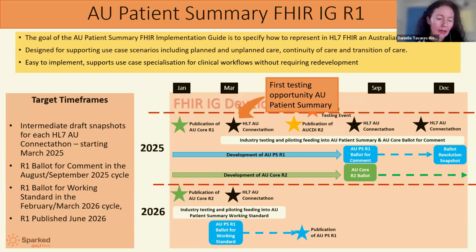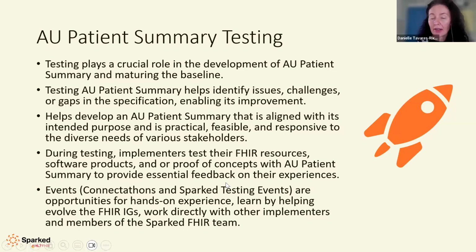And coming into this, we'd made the decisions around what are the priority sections, what will we have as support, and what will be our profile design principles around what does it look like if we are conformant to IPS and conformant to AU Core. And we had a baseline draft of an Australian patient summary with a full set of profiles to come into that Connectathon and test that out. And that was what was taken to the Connectathon.